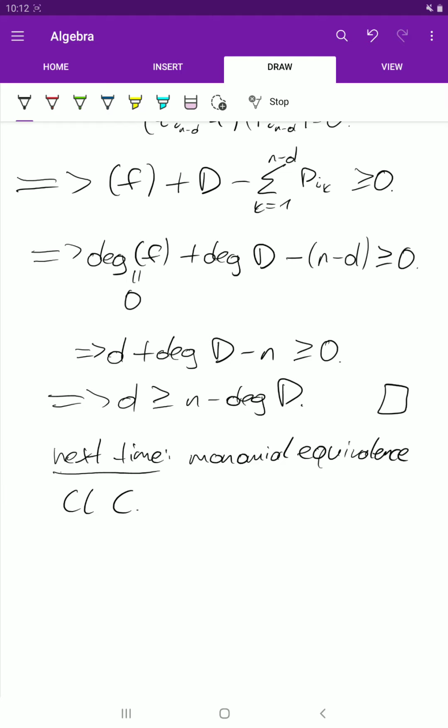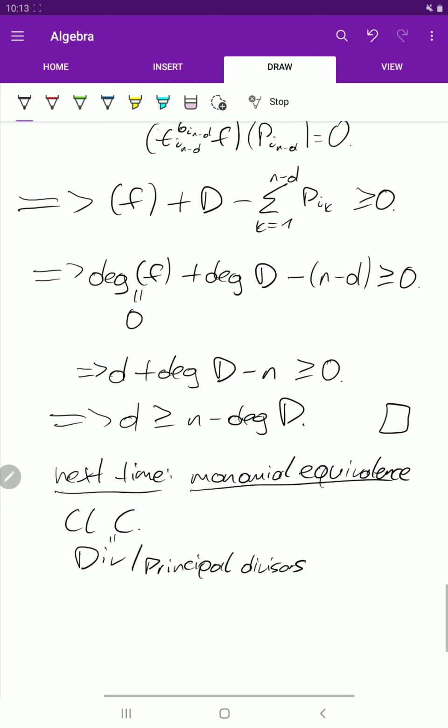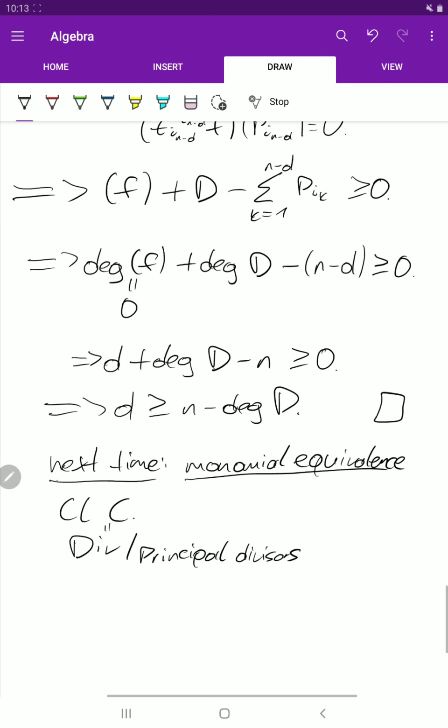We'll not look into it in much detail, but we'll show that an equivalent divisor, so this will be divisors modulo principal divisors, and that if we have equivalent divisors, which means they differ by a principal divisor, then we get a monomially equivalent code, which implies especially that the minimum distance and dimension are preserved.